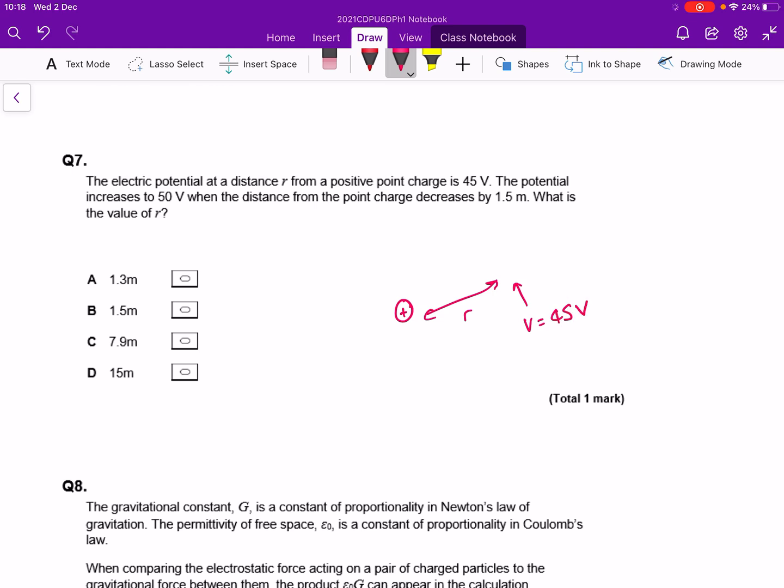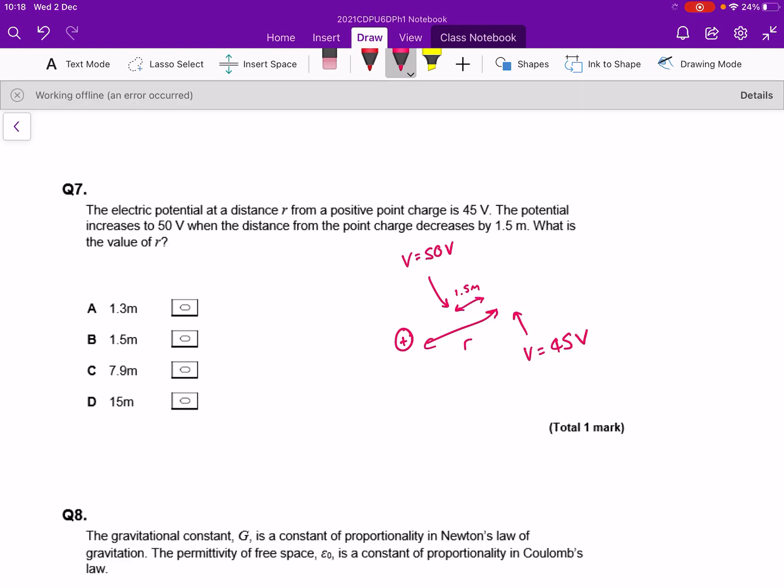Potential increases to 50 volts when we decrease by 1.5 meters. Okay, so if we decrease by 1.5 meters, then the potential here is going to be 50 volts. Okay, what is the value of R?